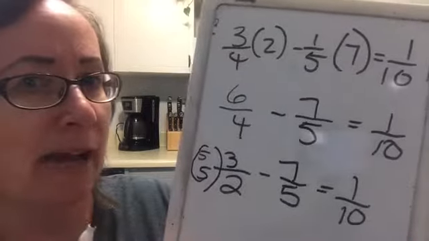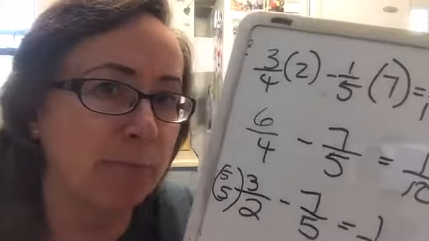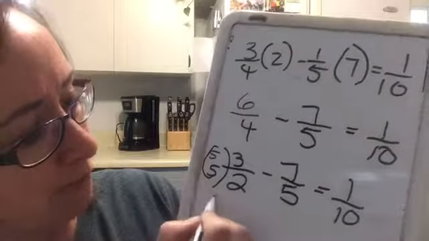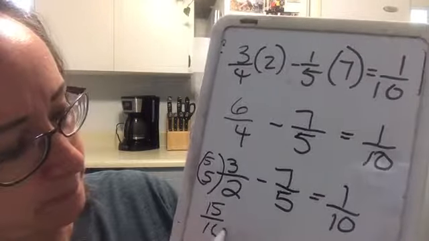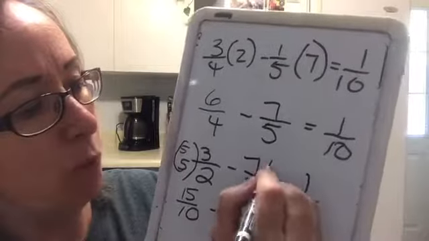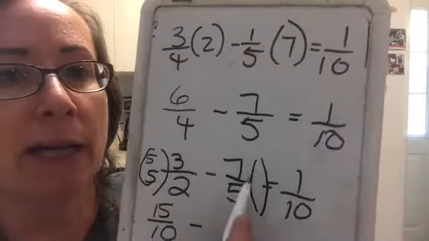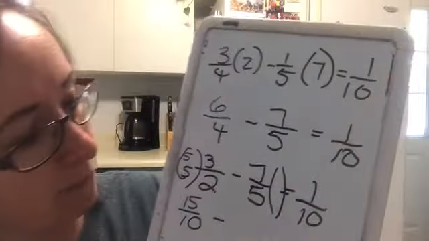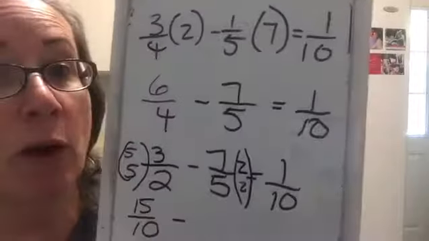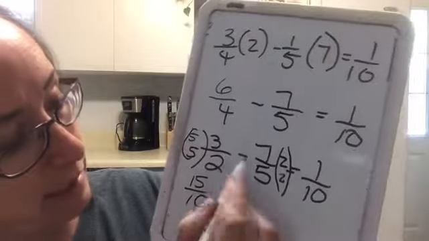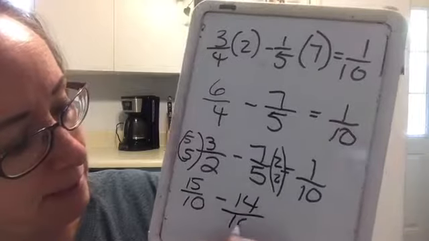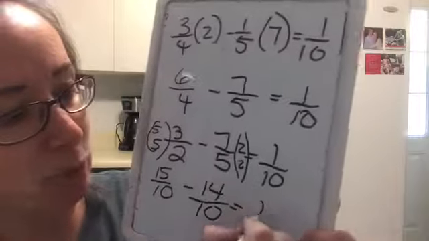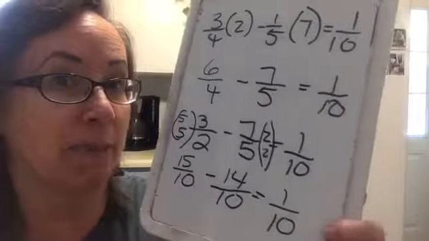Remember, when I multiply by 1, nothing changes, and 5/5 is 1. So I get 15/10 minus, okay? Now, what form of 1 am I going to need to multiply 7/5 by to get something in tenths? Okay, we need a 2, don't we? So we're going to multiply by 2/2, which is going to give me a negative 14/10. And when I take 15/10, take away 14/10, I end up with 1/10, just like I'm supposed to.